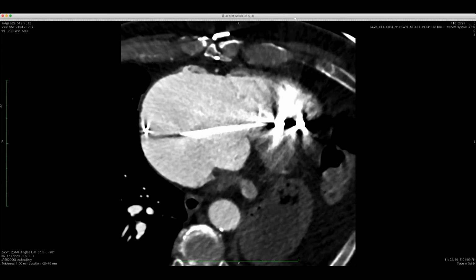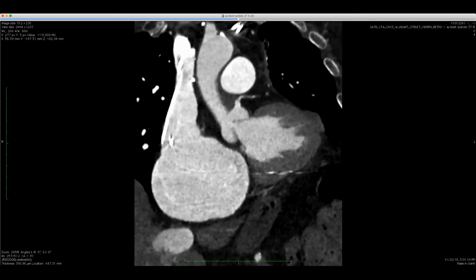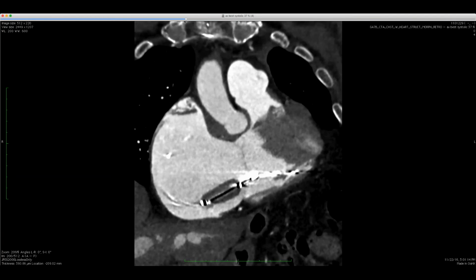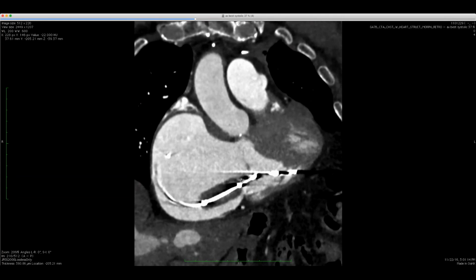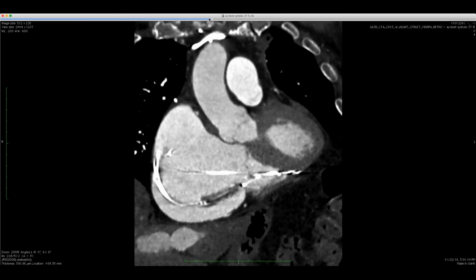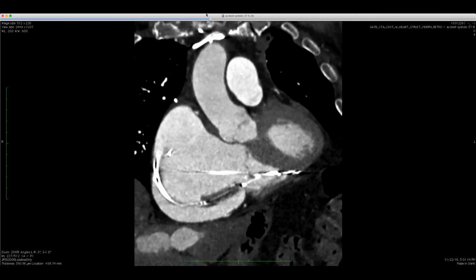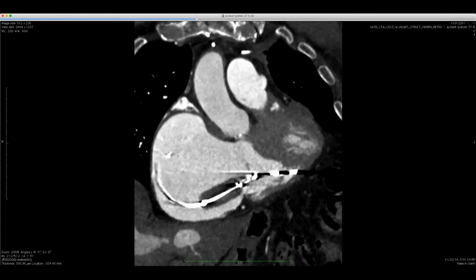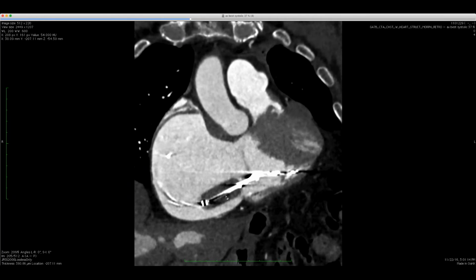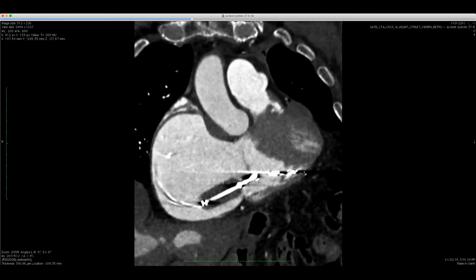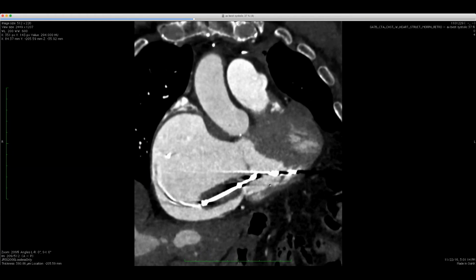Let me show you the coronal. You can see here on the coronal that I've actually misled you a little bit, because this is not really an AICD lead. This is actually a device called the Forma device, and this is one of the first cases I've seen of it. It's an inflatable polymer-like device with an anchor that's supposed to anchor at the RV apex.